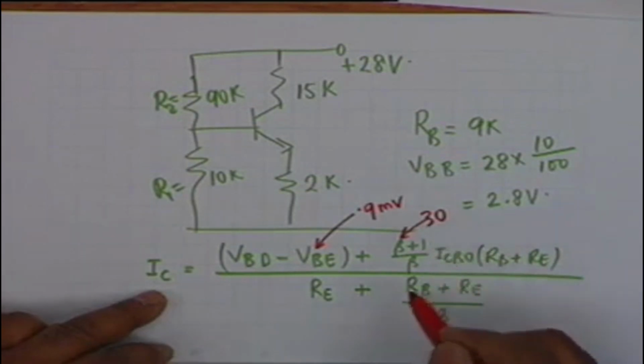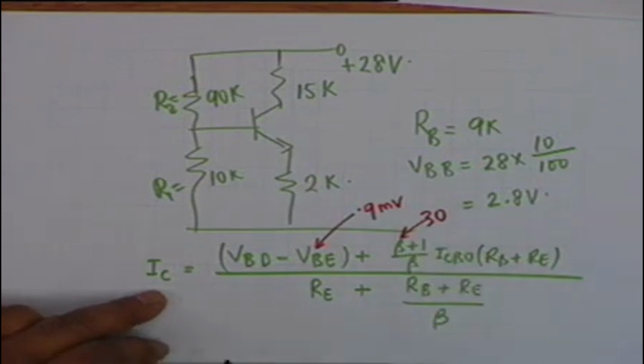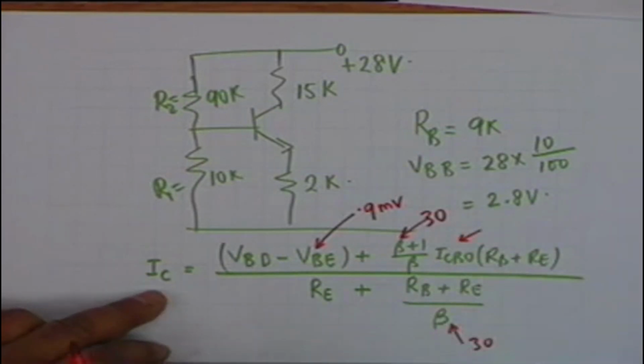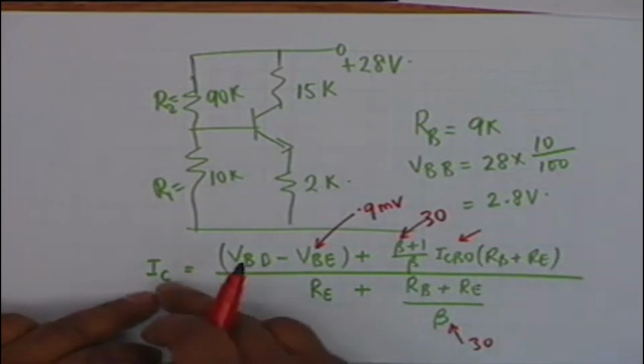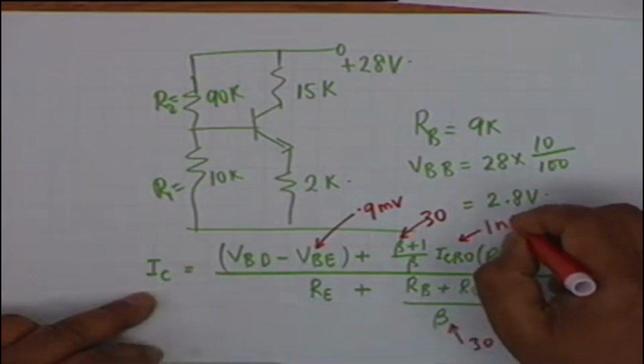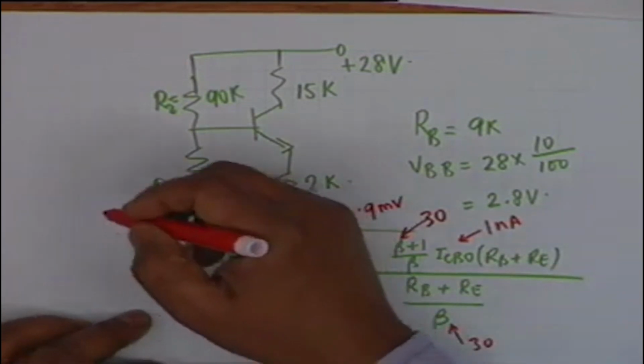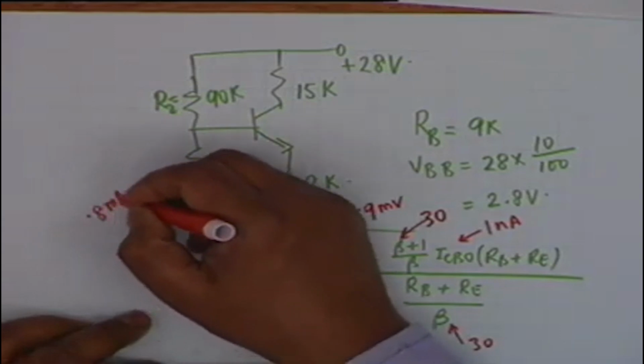Now smallest is 30, 31 divided by 30 and 181 divided by 180, they don't differ much, 1 plus 1 over beta, and therefore beta basically controls this quantity. So you put beta equal to 30, and ICBO put the lowest value, that will give you the lowest IC. Is that okay? Lowest value is 1 nanoampere. You put down these values, then I sub C comes as 0.8 milliampere.